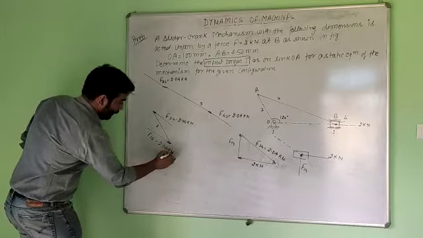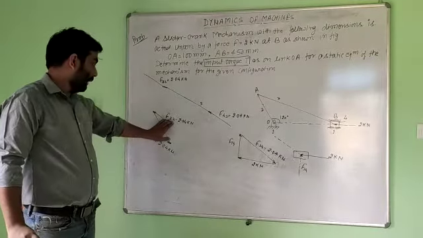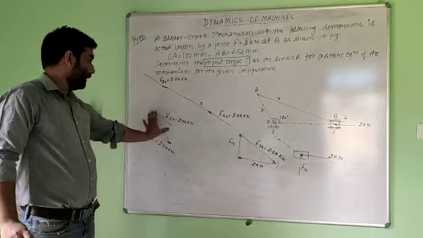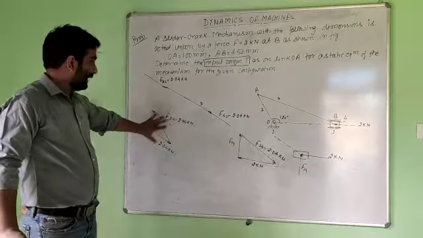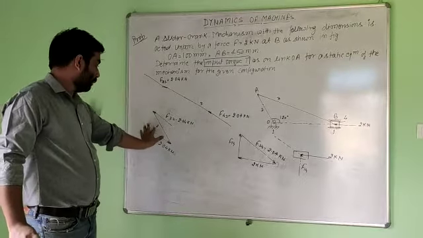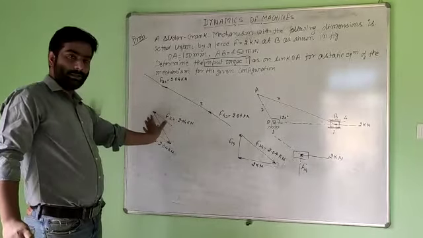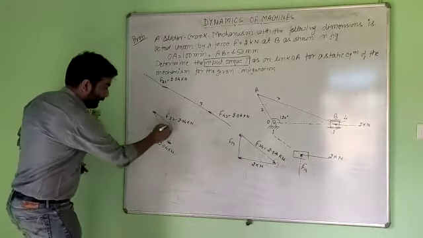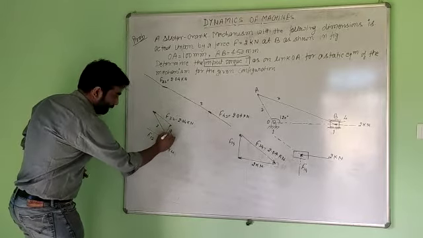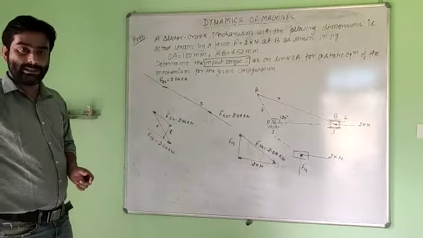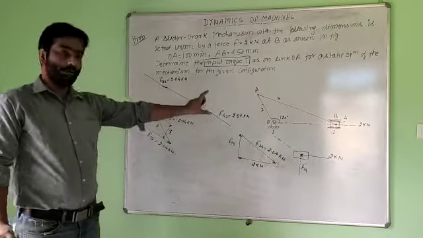Now this force F12 and F32 will create a moment, and the external torque should be equal to that moment for static equilibrium. The moment we can calculate from the perpendicular distance between these two forces, x, which we can calculate from the configuration diagram.